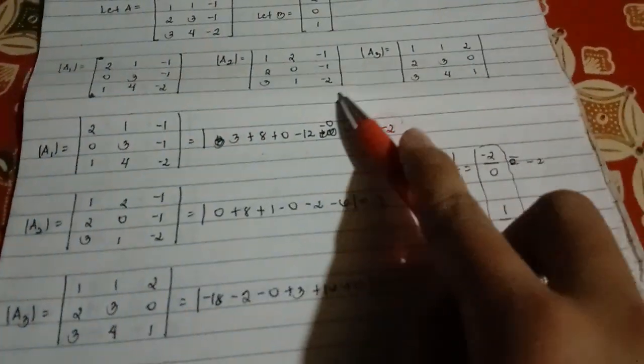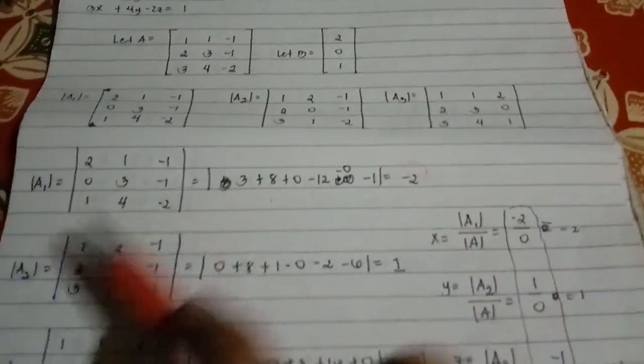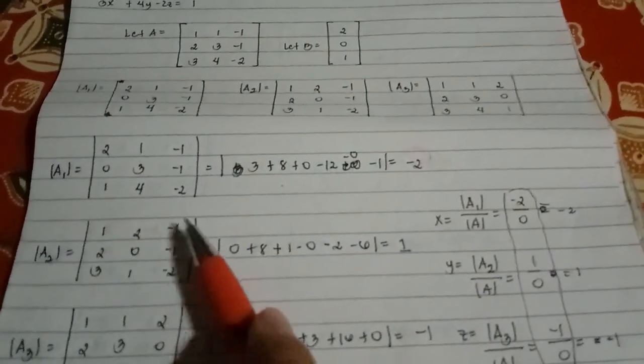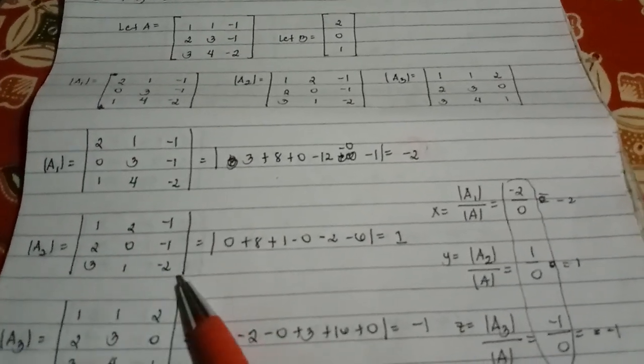Next is A sub 2. So, in A sub 2, we replace the second column with the constants. So the given is 1, 2, negative 1, 2, 0, negative 1, 3, 1, negative 2.